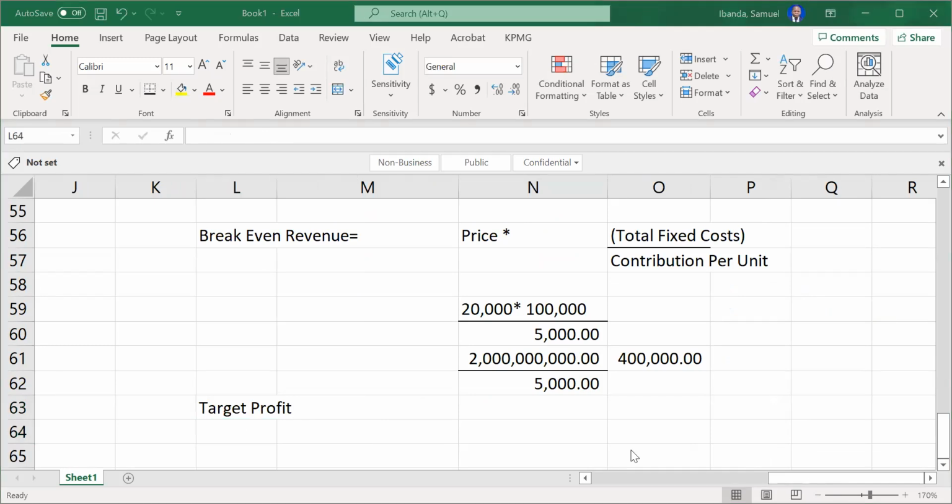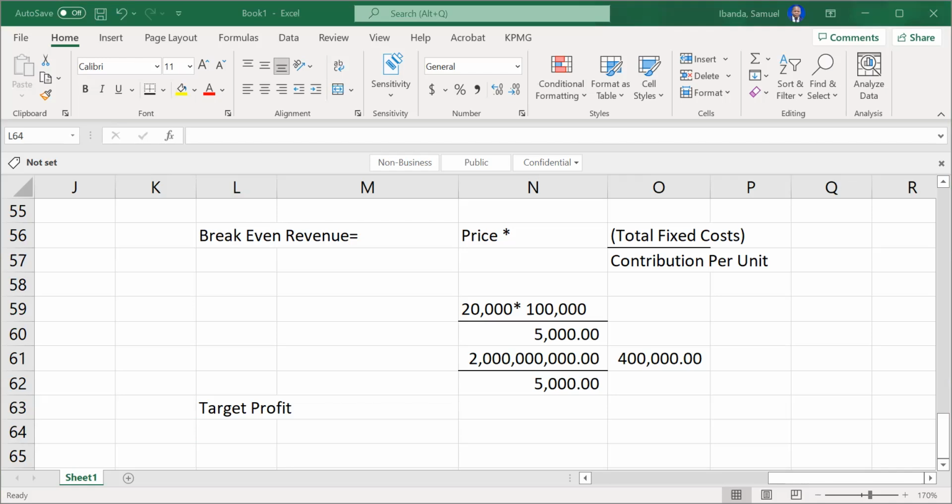Now, our businesses can have a target profit. And what this means is that businesses can say, let's say, I want to make maybe 20 million this year. So that is their target profit.